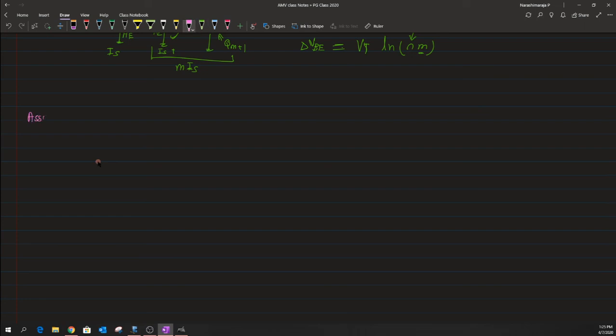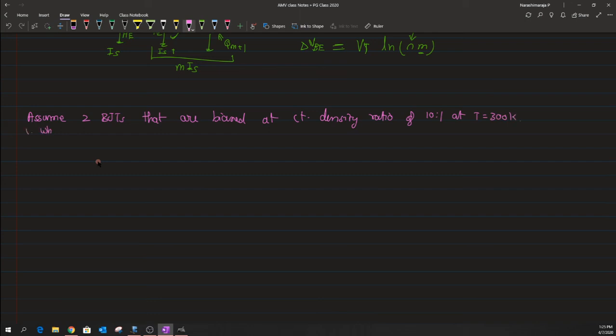Let us assume two transistors, which are BJTs, that are being biased at a current density ratio of 10:1, operated at a temperature of 300 Kelvin. Now there are two parts in this question.